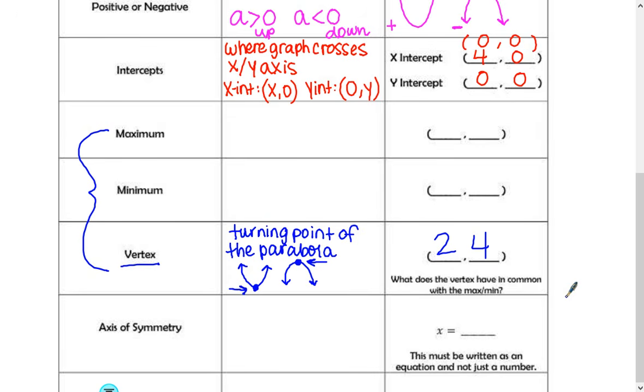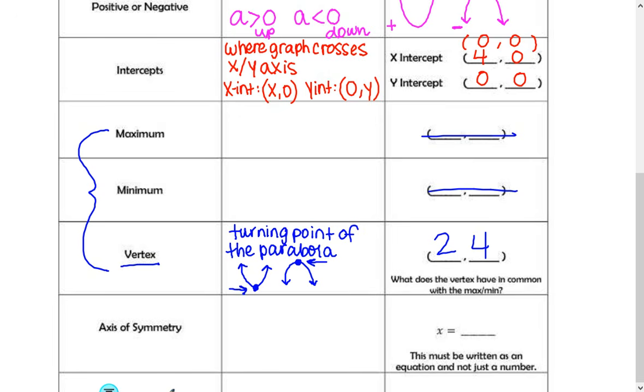Now what does it have in common with the max or the min? Well, for maximums and minimums, we don't usually write them as a point. It's a way that we describe our vertex. So it'll say, what is your vertex? And it says, is this a maximum or a minimum? Sometimes it'll ask for like, what's the maximum point here, and you just describe that vertex as a point.